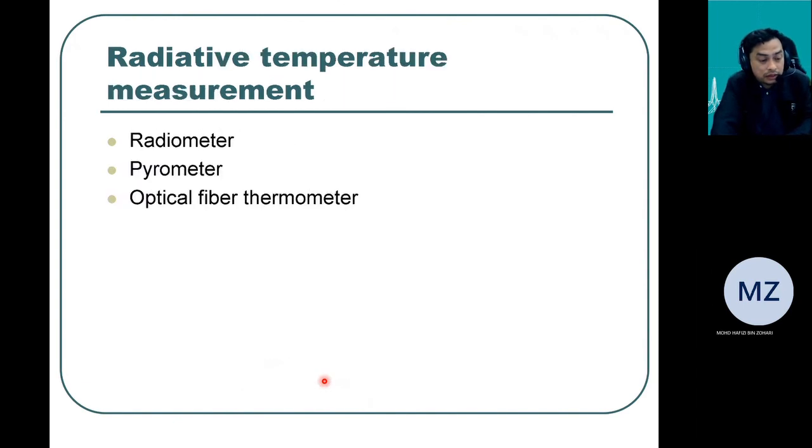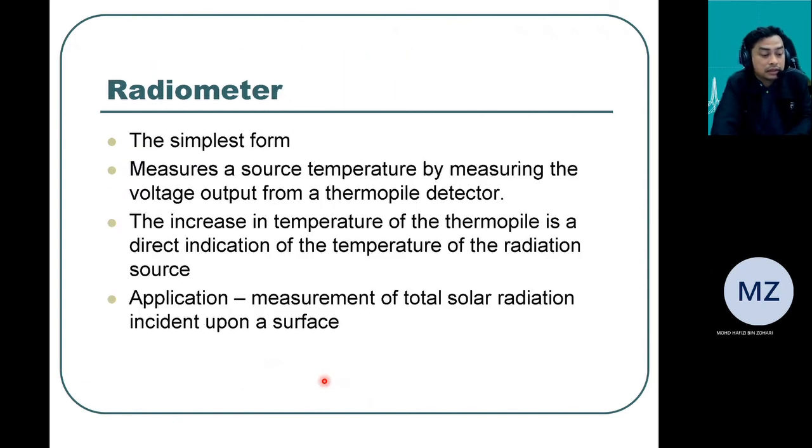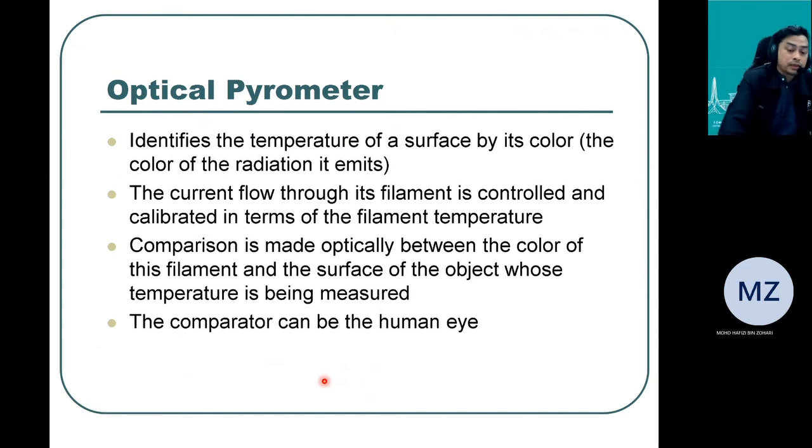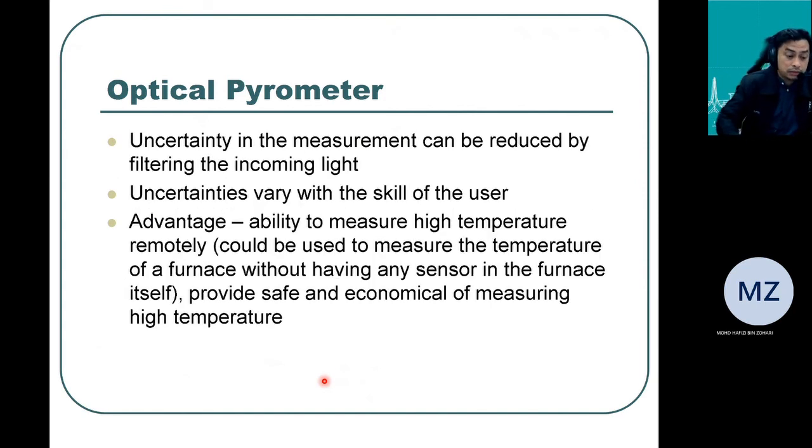And then the second type is the pyrometer. The pyrometer uses the concept of incoming light. We measure the brightness and refer to a known brightness, and by the comparison, we can find the temperature.